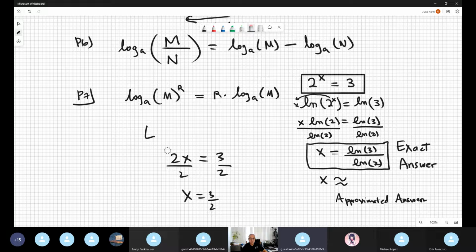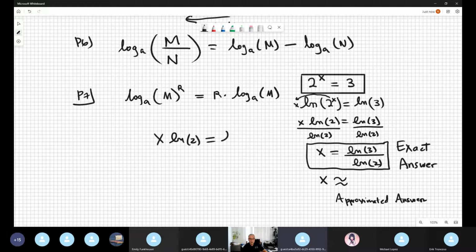It's x logarithm 2 equals logarithm 3. It's not 2 and 3, it's logarithms. Some students get confused with this. But this is just a number, and this is another number. And you pass it to the other side, dividing by that: ln of 3 divided by ln of 2.